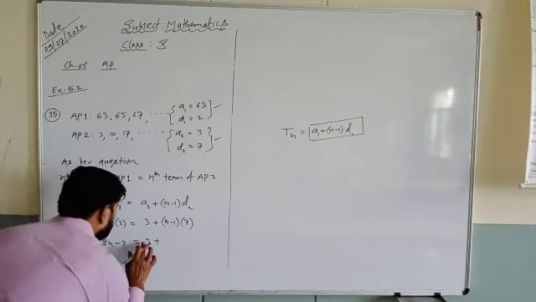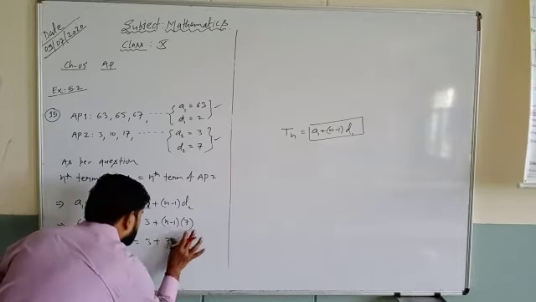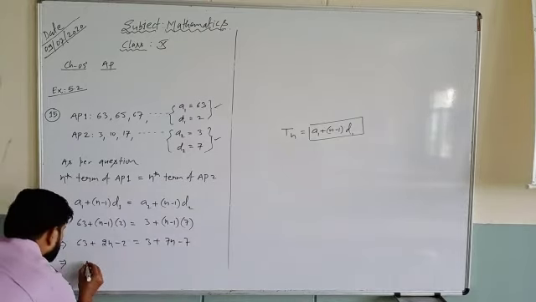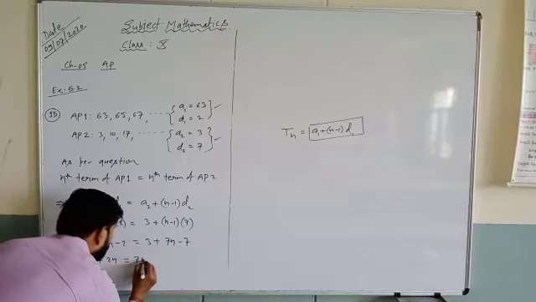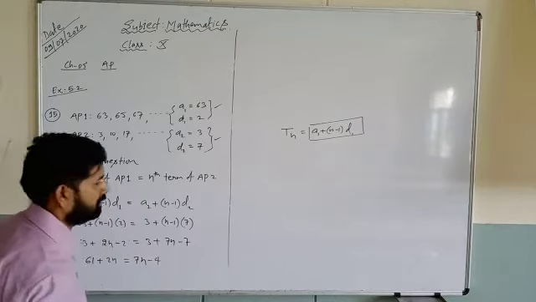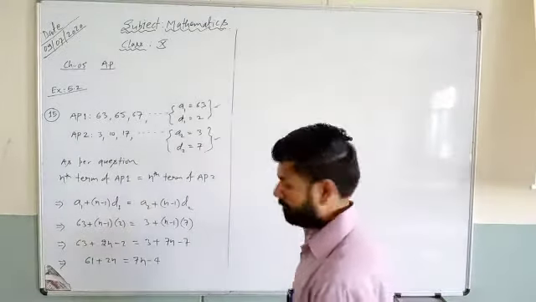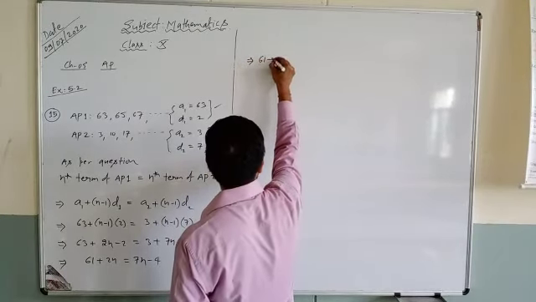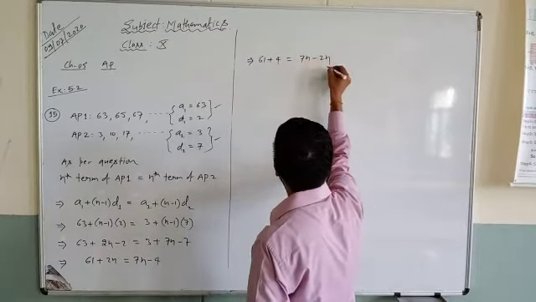We can do the calculation in any way. 63 minus 2, we get 61, plus 2n equals 7n, and 3 minus 7 gives minus 4. So 61 plus 4 equals 7n minus 2n.